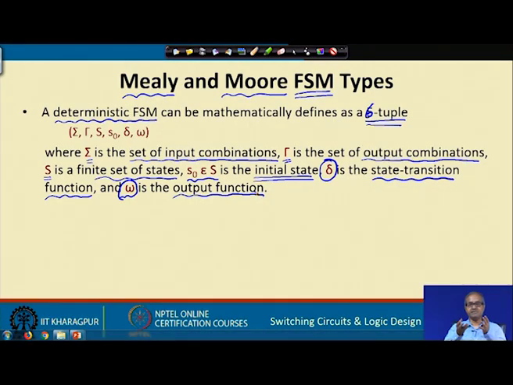And there is another function called omega, the output function. It says that when you are in a certain state and some input comes, what should be my output. So, if we specify all these 6 things, your specification of the FSM is complete, right.